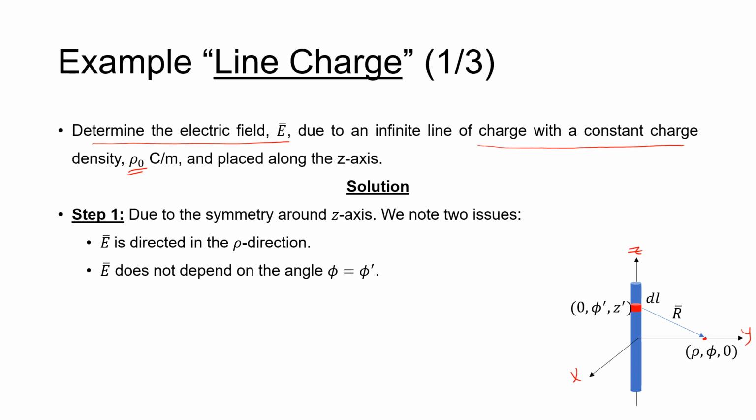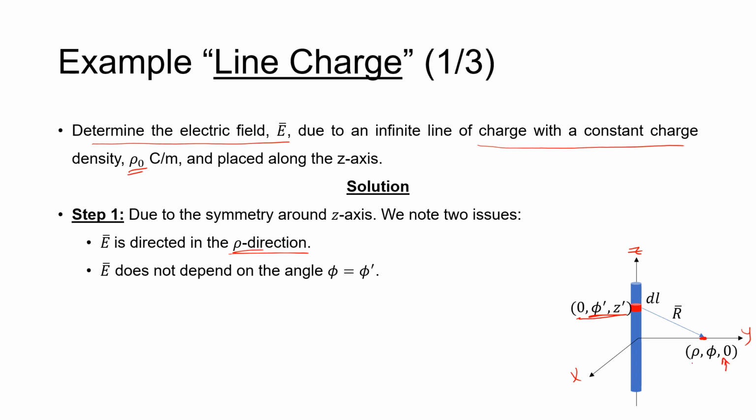But here we need to make two notes. First, this line is very long, and what will happen if it is very long? We can conclude that the electric field will be only in the rho direction. Why does this happen? First, assume a point on the y-axis. Looking from the source point to the observation point, the starting point will be 0, phi dash, and z dash, for example. But we already said it's on the y-axis, so z here will be equal to 0.